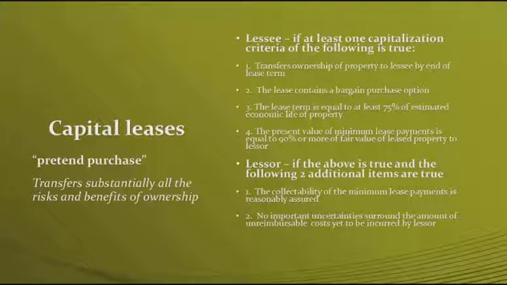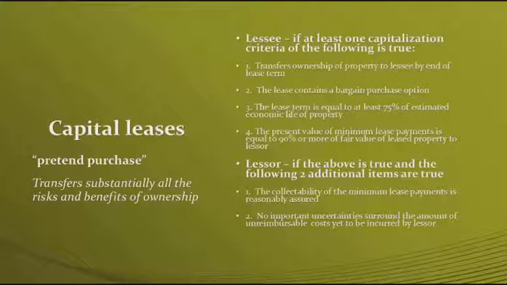Okay, capital leases, as we said already, are sort of like a pretend purchase or sale, transferring risk and benefits. And for the lessee, how do we decide when something is a capital lease? Well, right now with FASB, with US GAAP, there are 4 criteria that are called capitalization criteria.